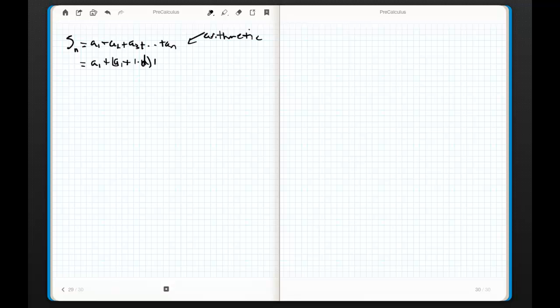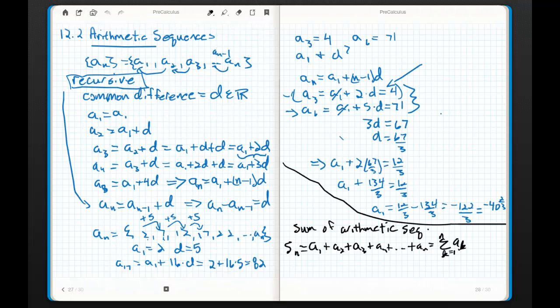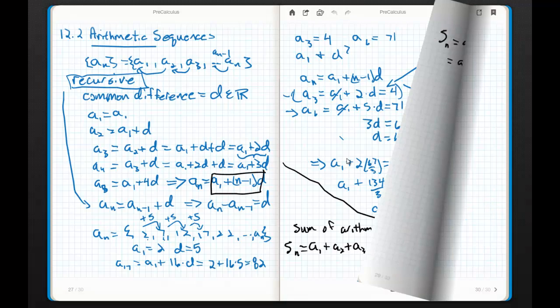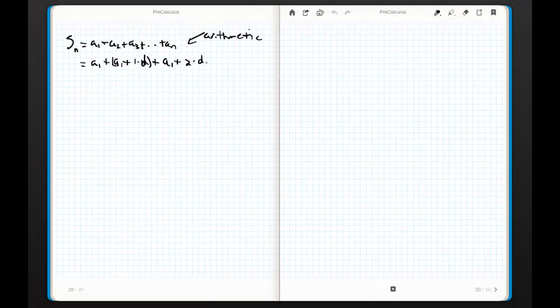And wasn't A sub 3 A sub 1 plus 2 times D? Because all I'm using here, you guys and gals, is this formula right here, right? That's all I'm doing. So 2D, plus, put that in parentheses.